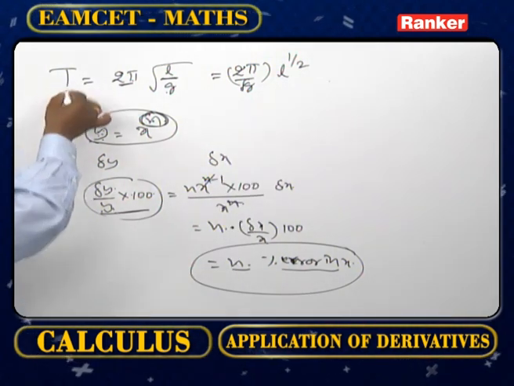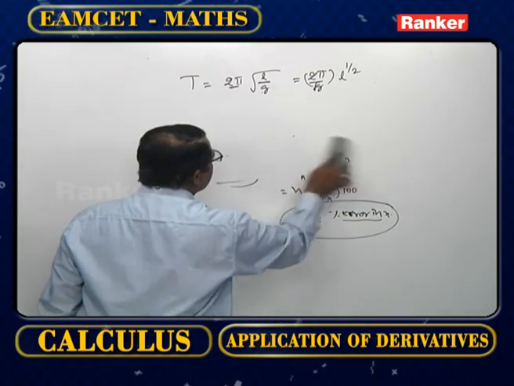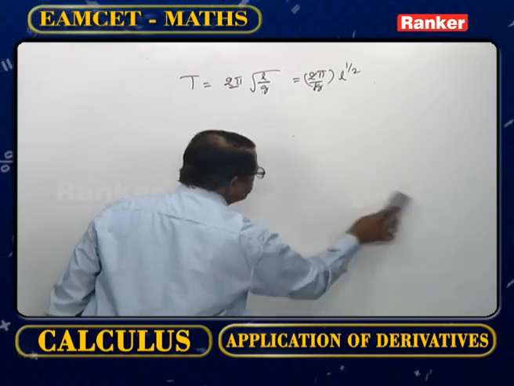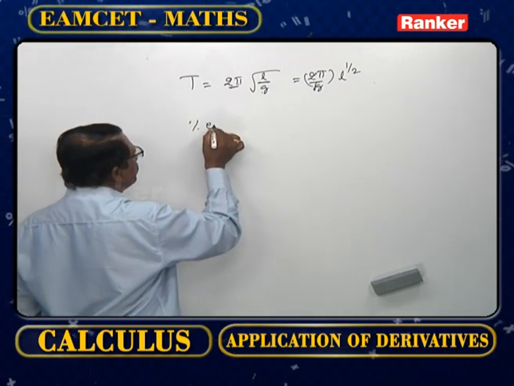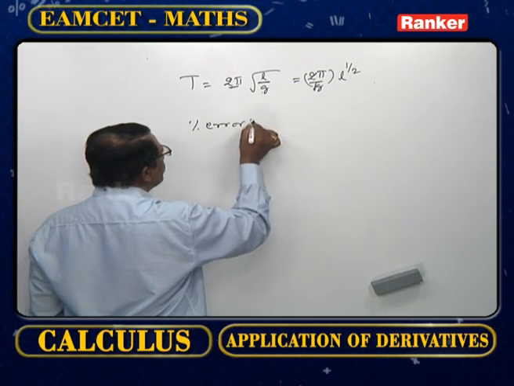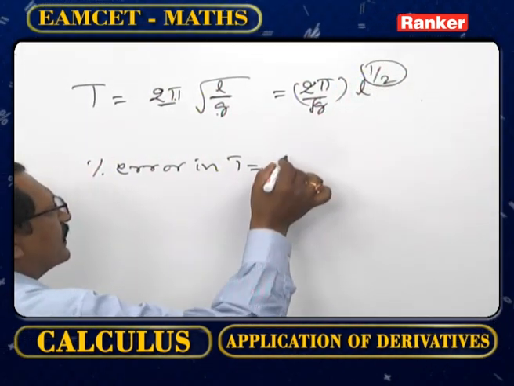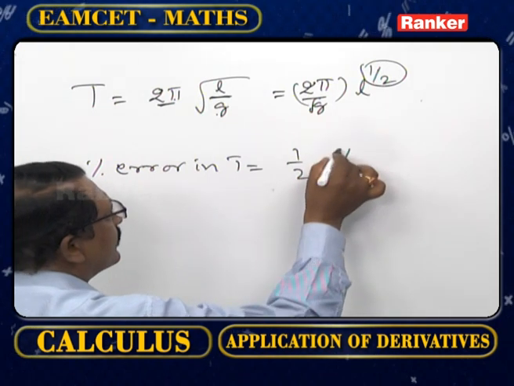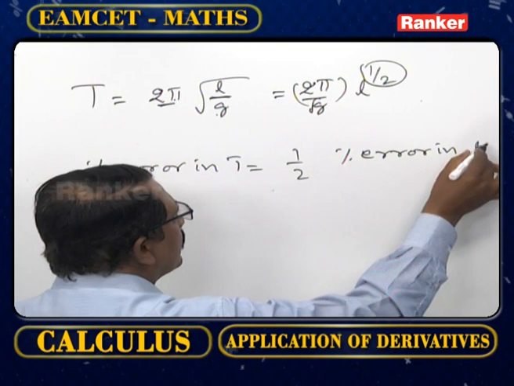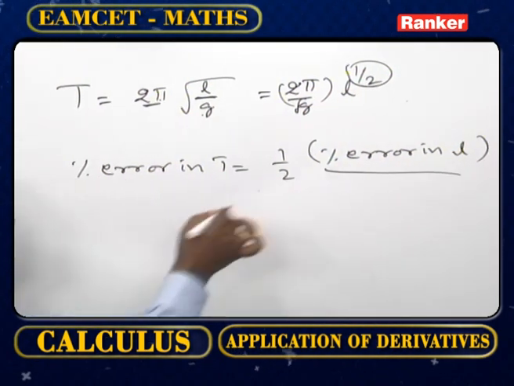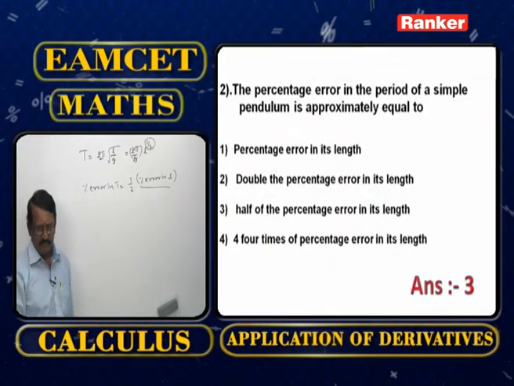Now percentage error in T equals the exponent of L, 1 by 2, into percentage error in L. Half into percentage error in L. Now the third option is correct.